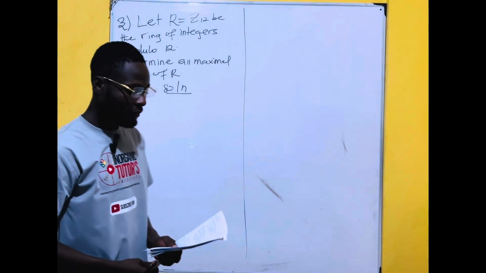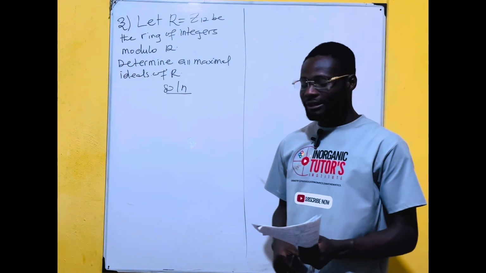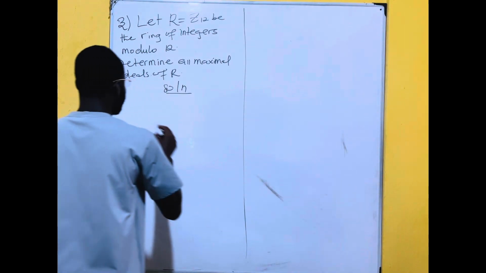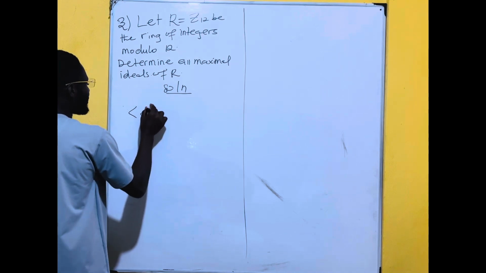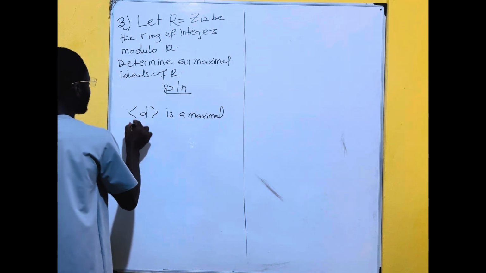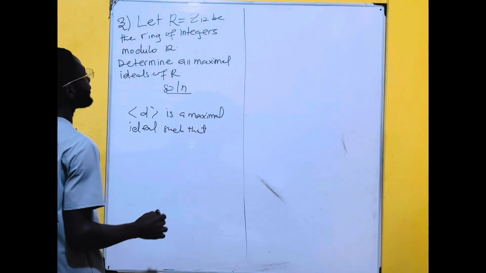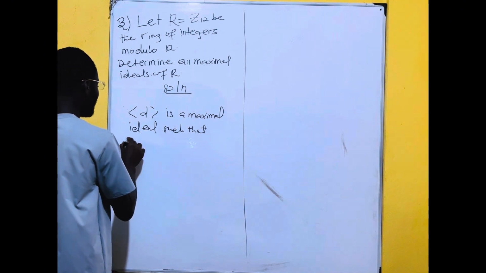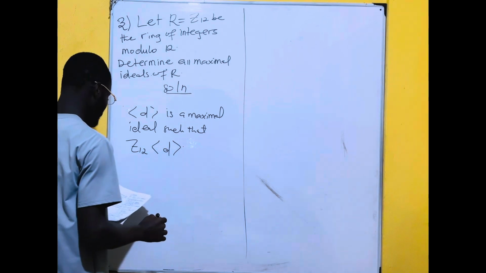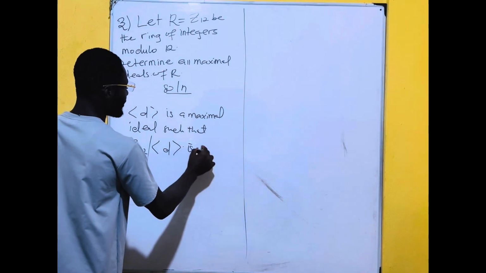Now, that ideal generated by D is a maximal ideal such that Z12 modulo that ideal is a field.